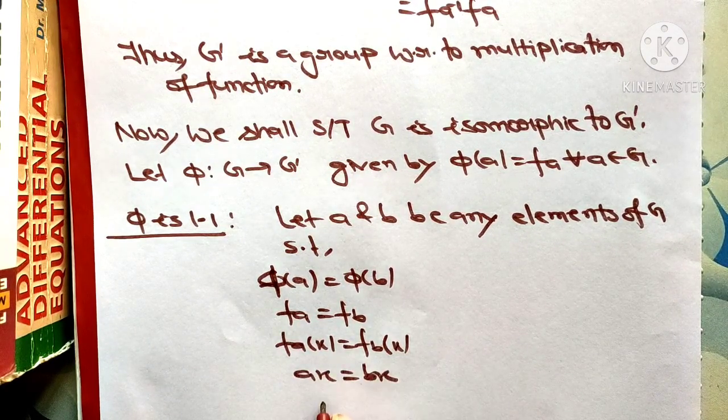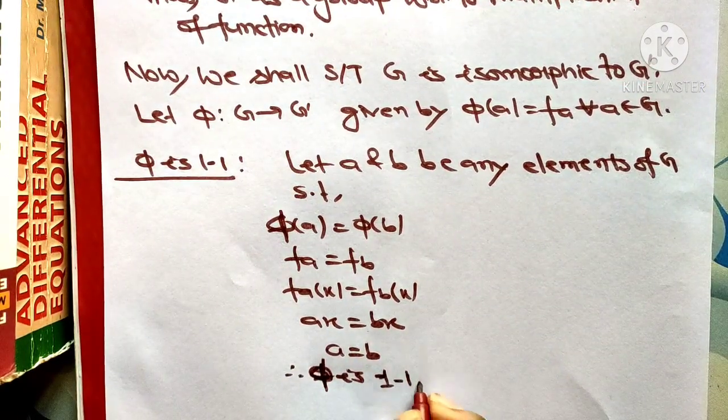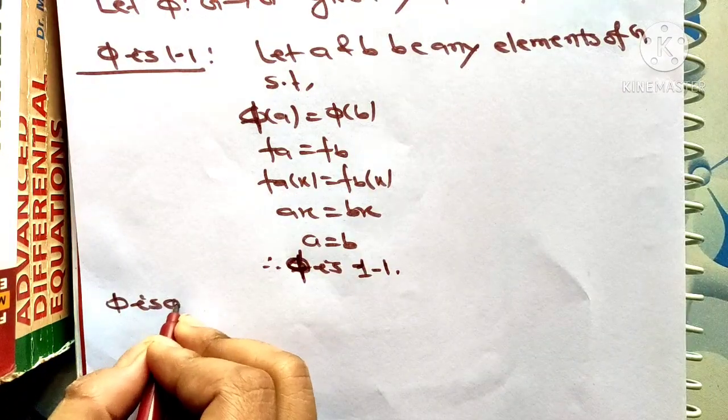By right cancellation law, A is equal to B. Therefore phi is 1-1.